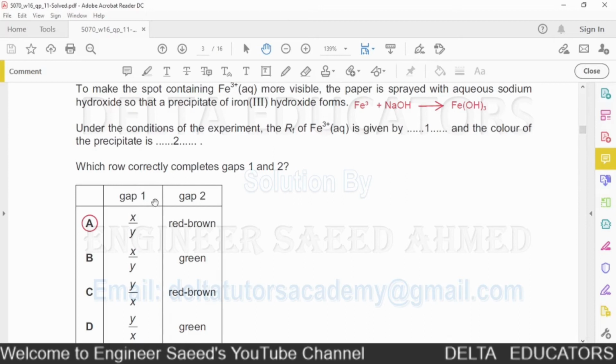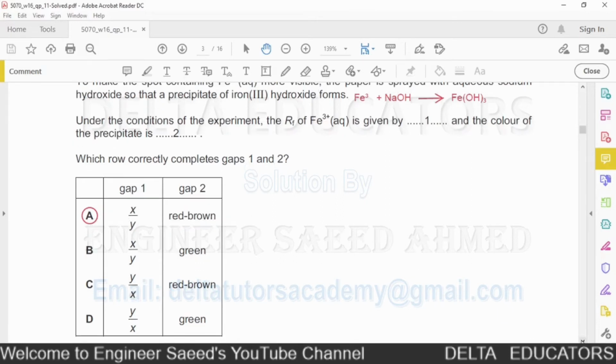X over y for gap 1 is given in options A and B. So possible options are A and B. Now here we got ferric hydroxide. Ferric hydroxide is of reddish brown color. So our correct option will be option A, where for gap 2 it is given red brown. Green precipitate we get in ferrous hydroxide. So our correct option is option A.